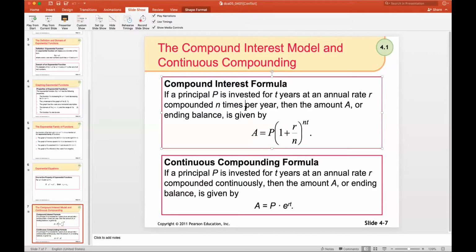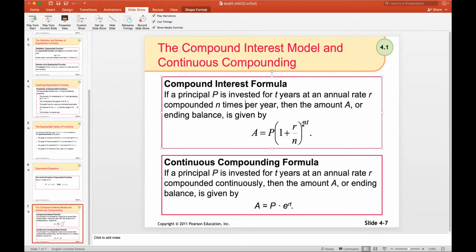This gives us the formula for calculating the actual amount after some years with a certain rate when you deposit principal P. If a principal P is invested for t years at an annual rate r, compounded n times per year, then the amount A, or ending balance, is given by A is equal to P times (1 plus r over n) to the nt.